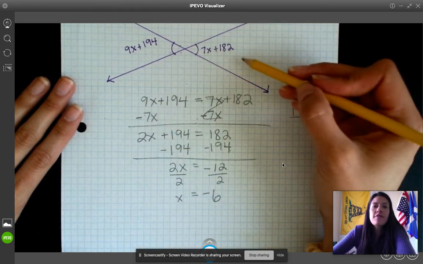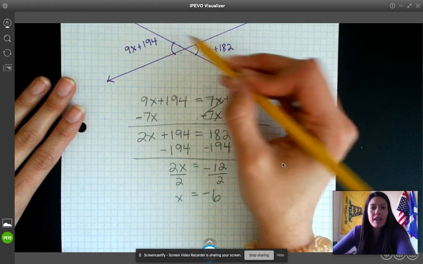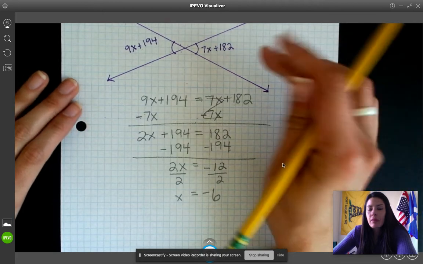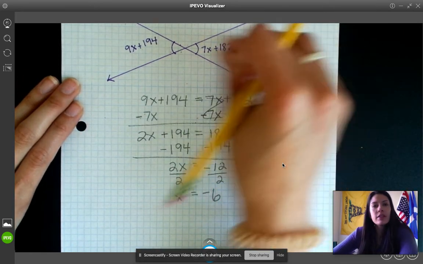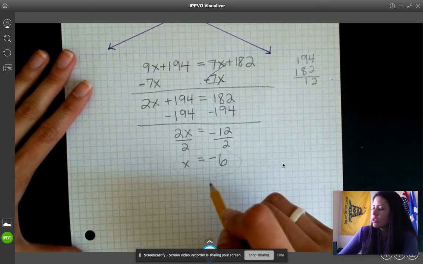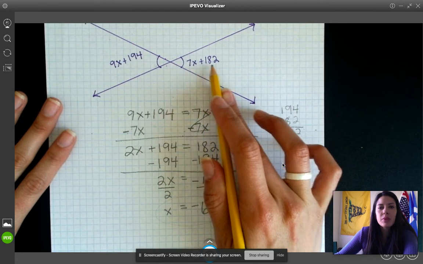Now, if I want to find the measure of this angle or this angle, remember they are the same. So I'm just going to pick one of them to solve for. And I know that whatever this angle is, it's going to equal the other side as well. So x is equal to negative 6. I'm just going to pick this one, 7x plus 182.